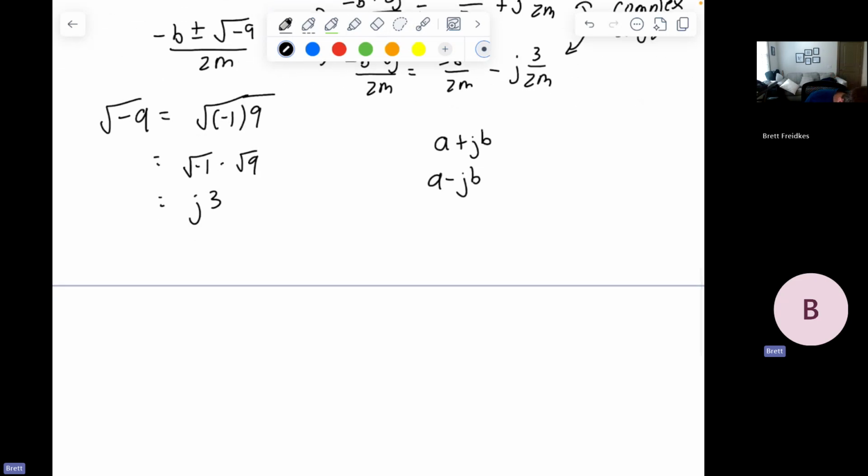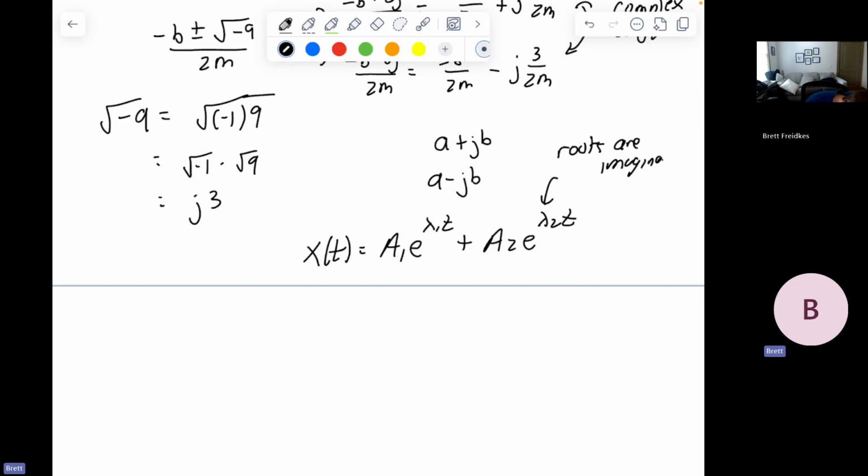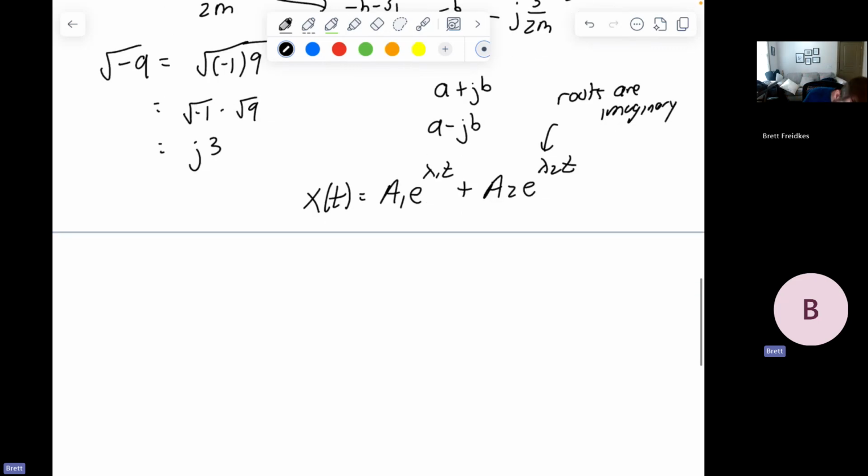And what's important about this is that if we're saying that the solution is some a1 e to the lambda 1 t plus some a2 e to the lambda 2 t, and these lambdas, these roots, are imaginary, we end up with j's, or the imaginary constant, in the exponent of those exponentials. And the interesting thing about that is that if I have e to the j with some number, this is secretly hiding sines and cosines using Euler's law, or Euler's equation.